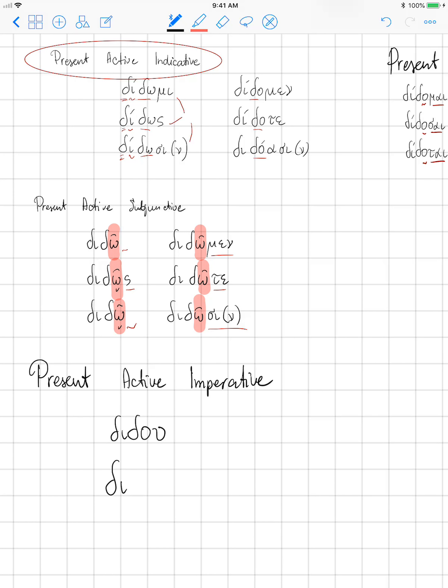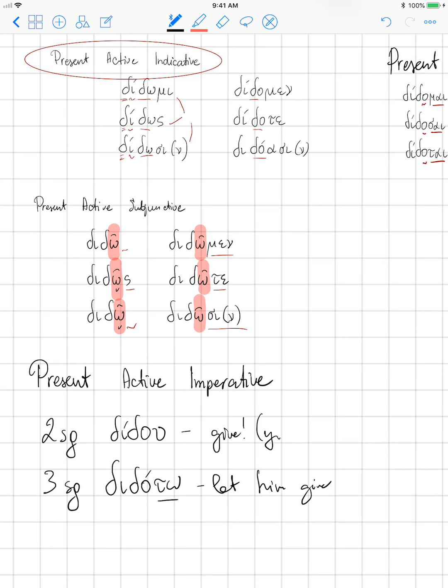Third person is didotō. Tō is very common, right? But didou is not so much. So it's second person singular, third person singular. Let him give. Second person, give, meaning you.